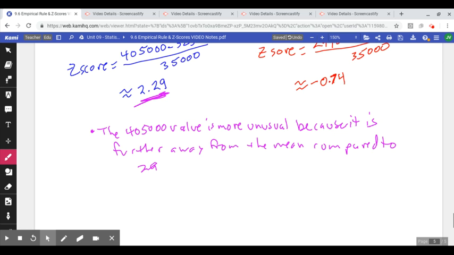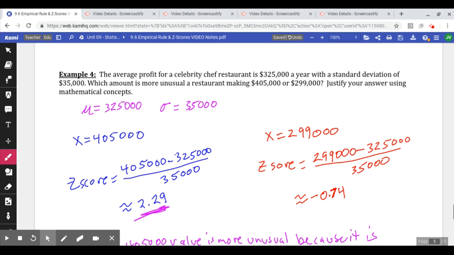Oops, maybe I should move that up here. It might be a little bit easier to write. That's supposed to be an A here, compared to 299,000. And we've shown this mathematically. Justify your answer using mathematical concepts. Sweet.